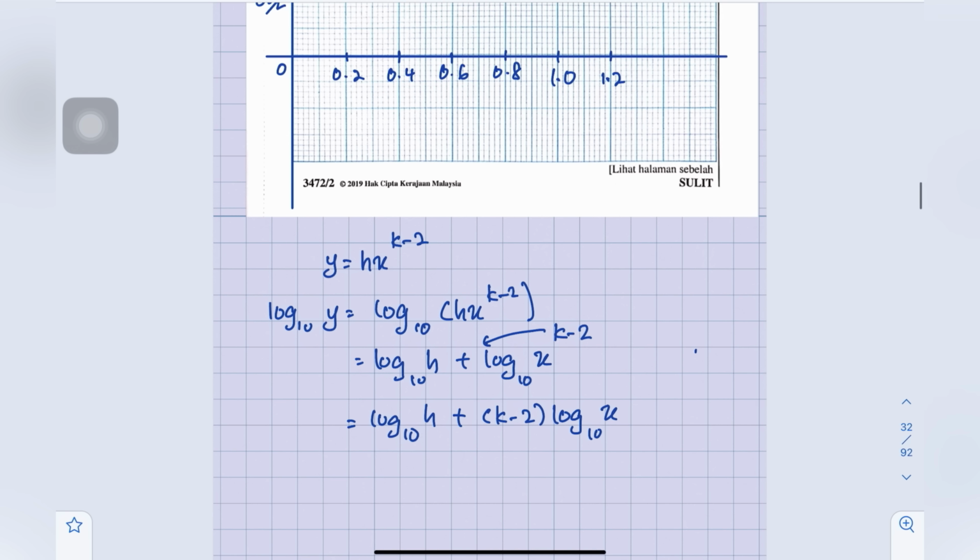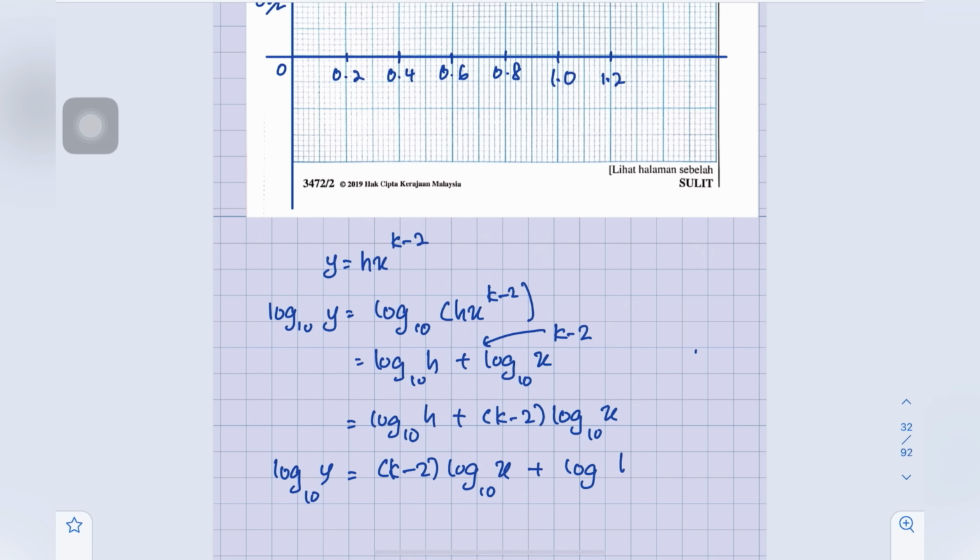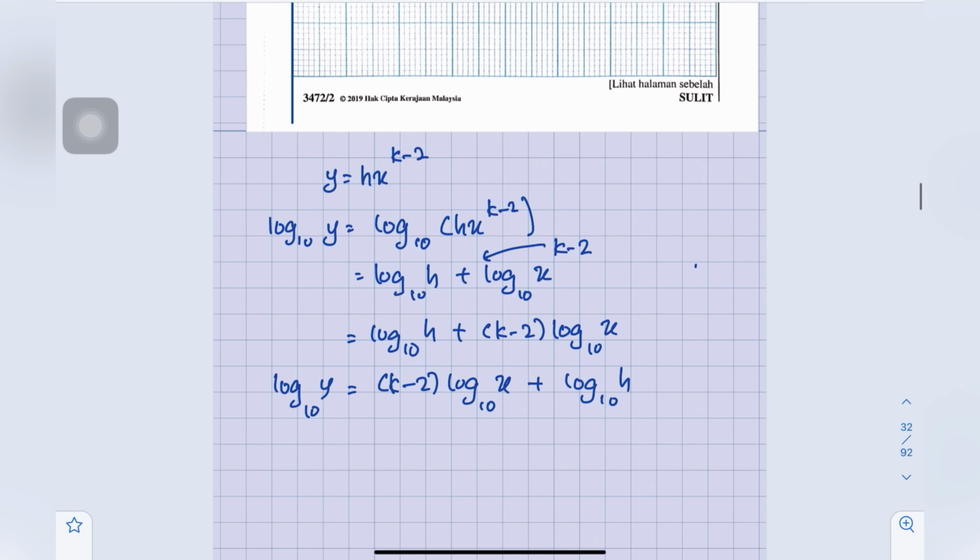From the question, big Y is log y base 10 and big X is log x base 10. So we rearrange: log y base 10 equals k minus 2 log x base 10 plus log h base 10.